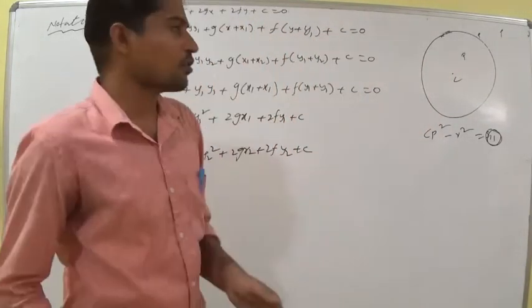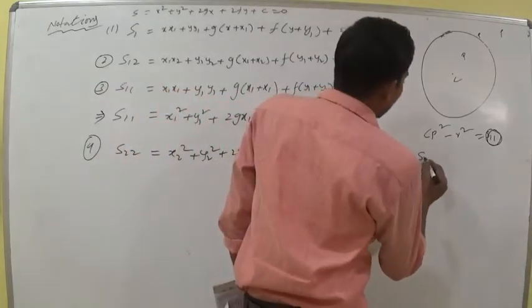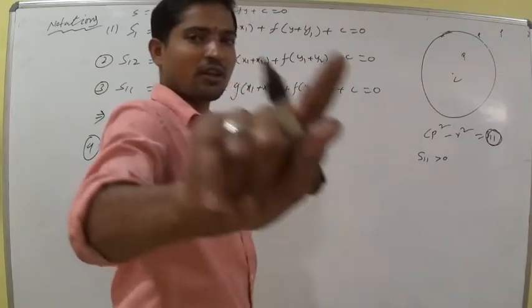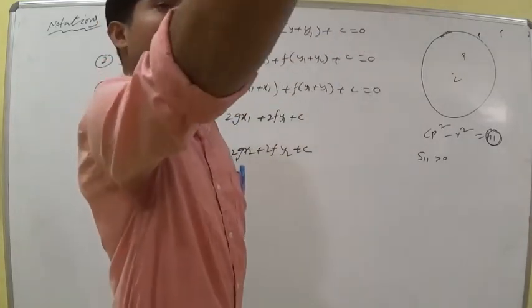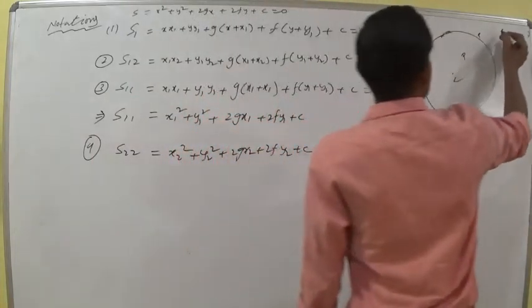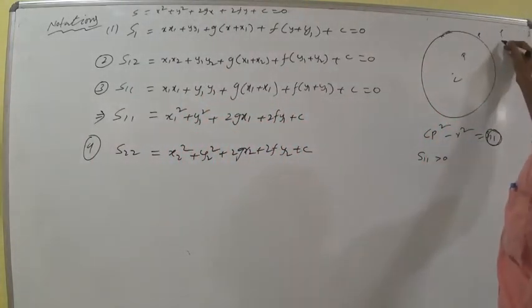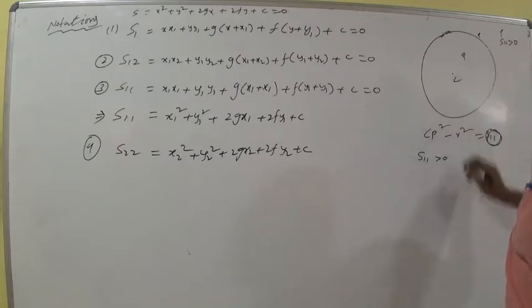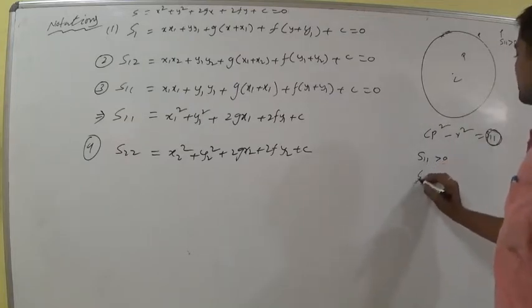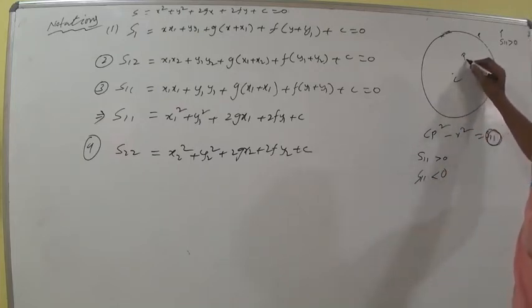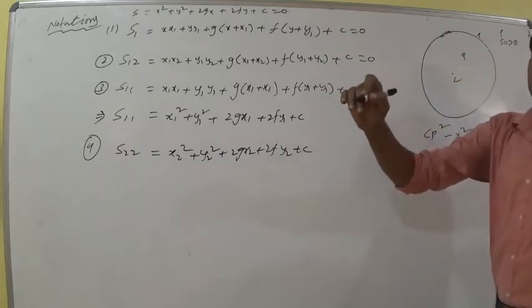Depending on its value: suppose S11 > 0, which lies outside of the circle. Suppose S11 < 0, then the point is inside the circle.